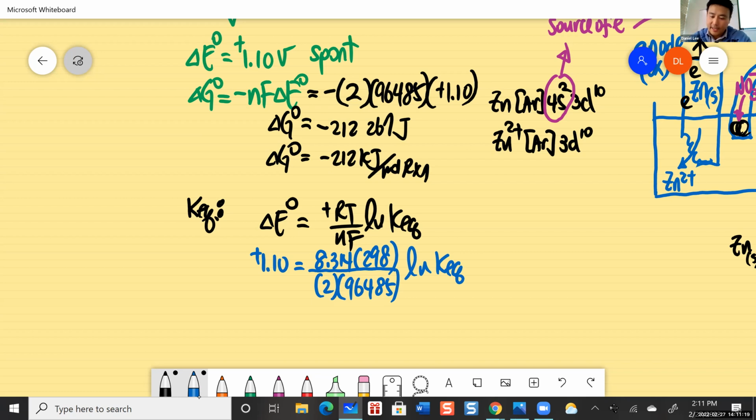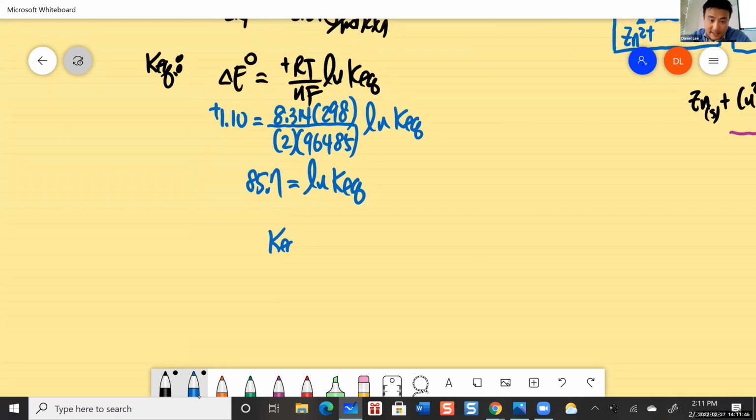Let's do that. You're going to get a big number because it's spontaneous. K will be large, right? Huge. So 1.1 gives 85.7 for the natural log of K. Taking e to both sides, the equilibrium constant is e to the power of 85.7.